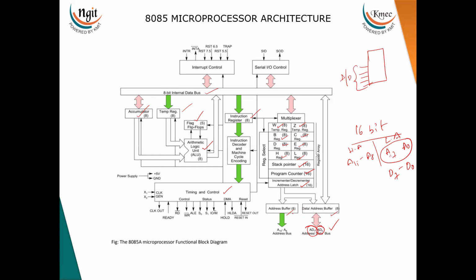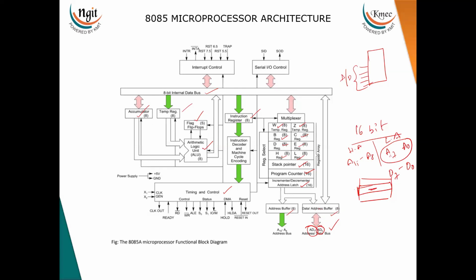So whenever the microprocessor generates the address, first that address is loaded into these buffers. Now this is used as an address buffer as well as the data buffer for the lower order. Now the address is loaded here, and that address will be placed on this bus, and it will go to the memory, and the memory location will be selected. Once the memory location is selected, again this bus will act like a data bus.